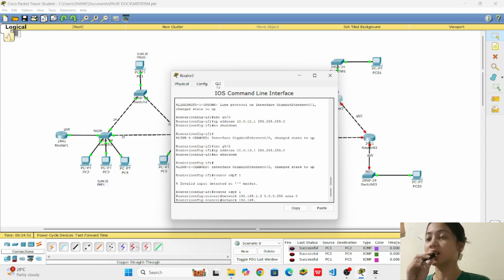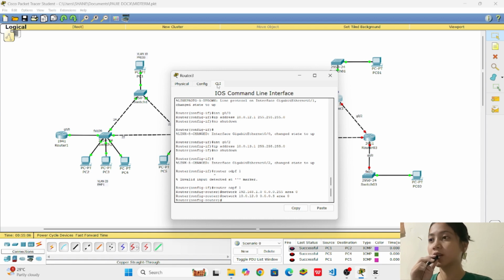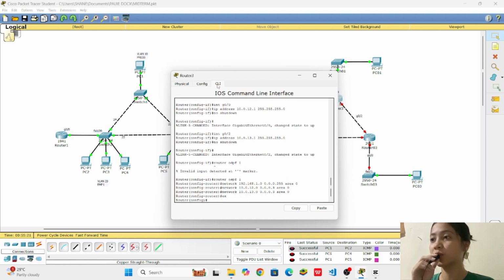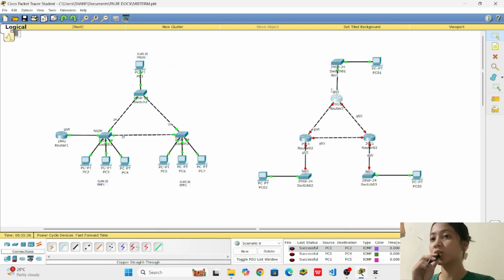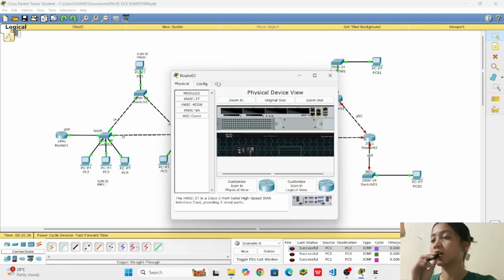For example, here in router 1, we configure the gigabit interface 0/2 to connect with router 3, and also 0/0 to connect with router 2.